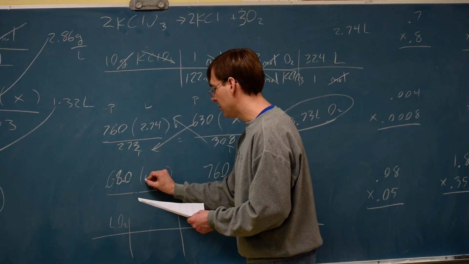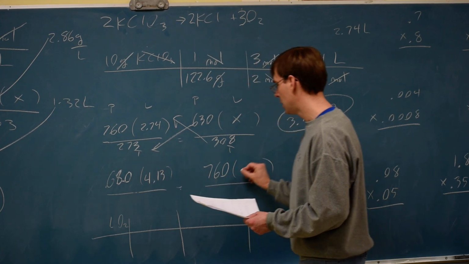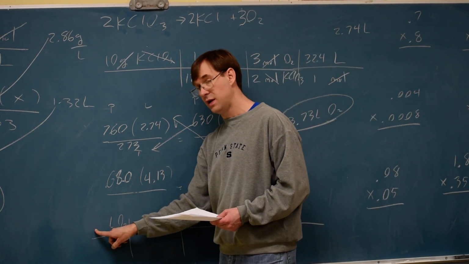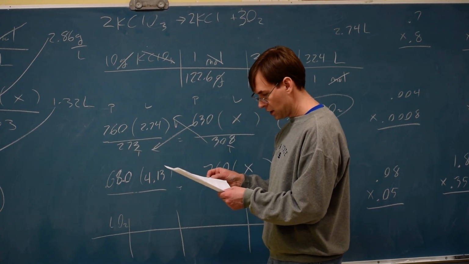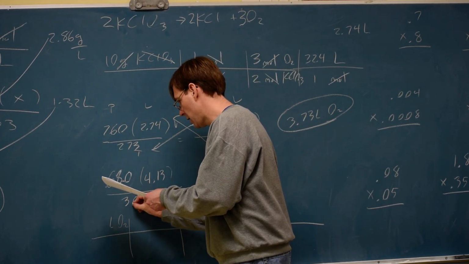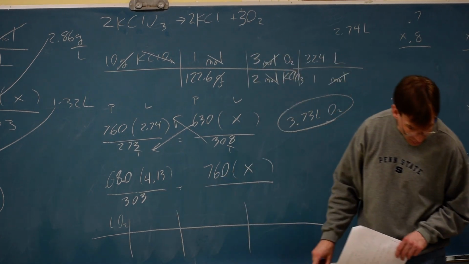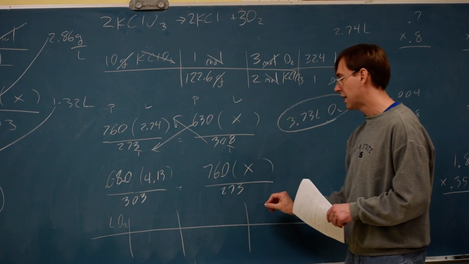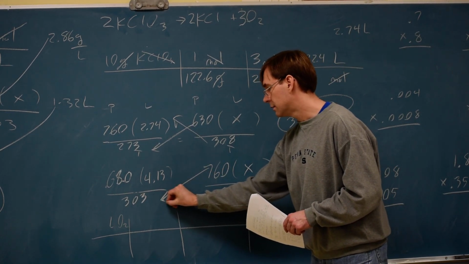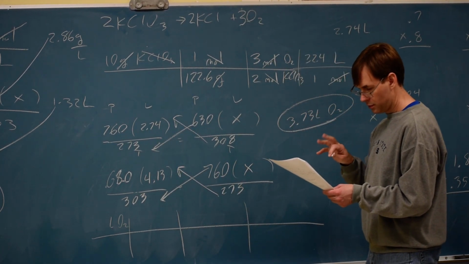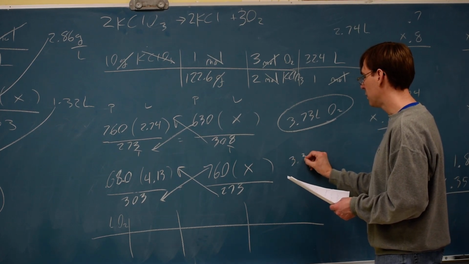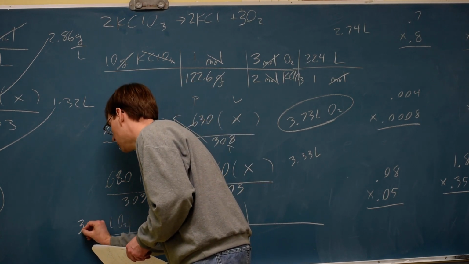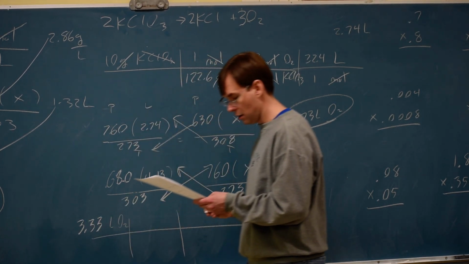We have a 4.13. We're going to make a new volume, and that new volume is going to feed in here to get us started. There is a 303 that's based on the 30 they gave us, but that has to translate to 273. Down, up, math. 3.33 liters is created to take here.